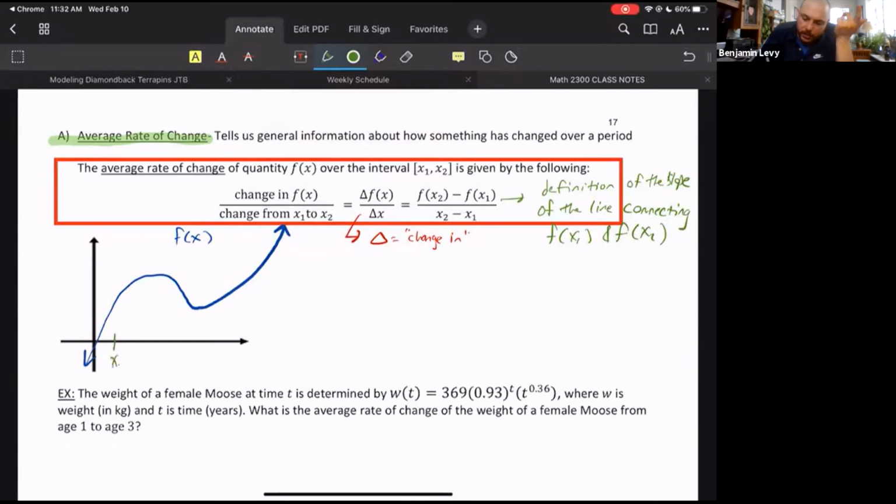I'm going to make x1 kind of on that hump right there. So this right here is f of x1. And let's take x2 kind of farther down the line so that it lines up above that point.